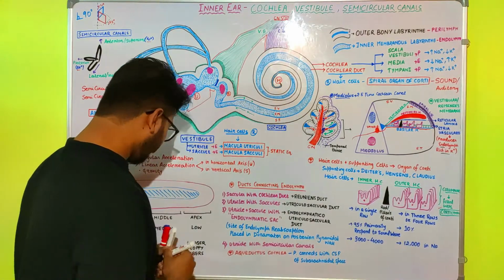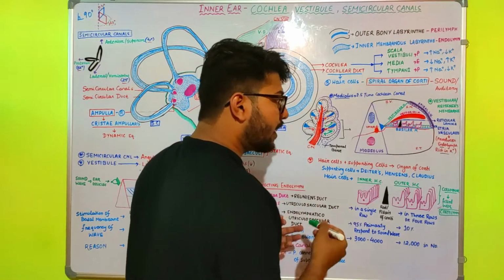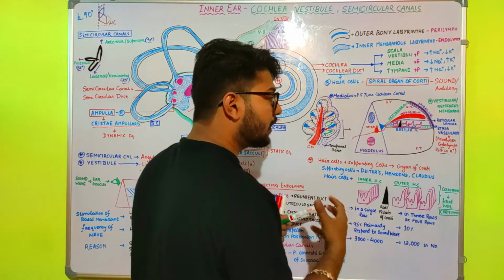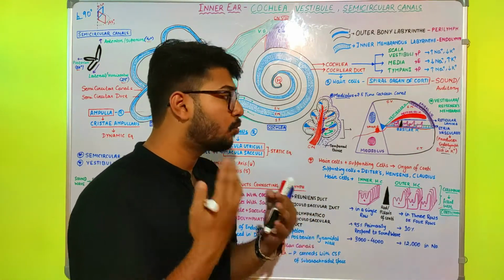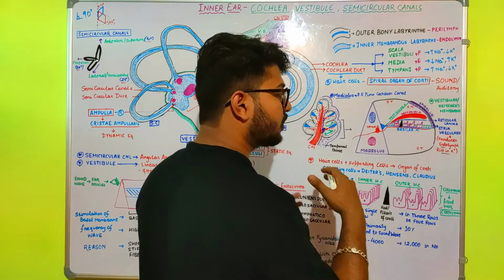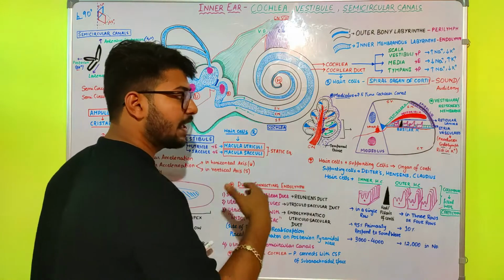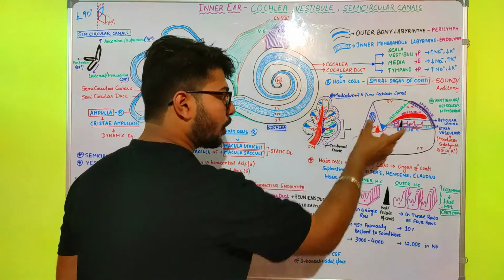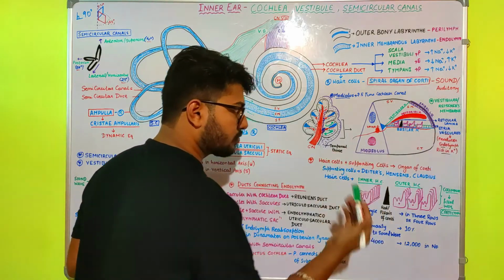As we know, the scala media, otherwise known as the cochlear duct, is filled with endolymph, and that endolymph is rich in potassium. This special fluid is produced by these special cells that line the lateral wall of the cochlear duct, and they are known as stria vascularis.